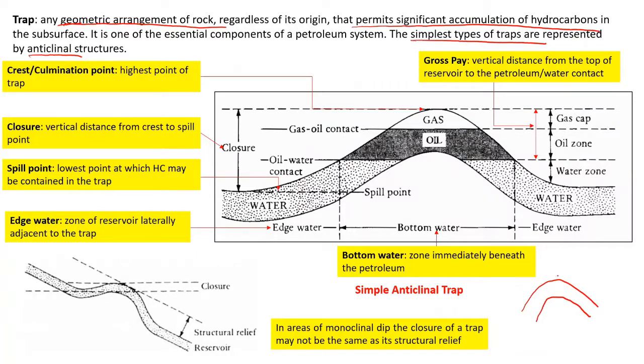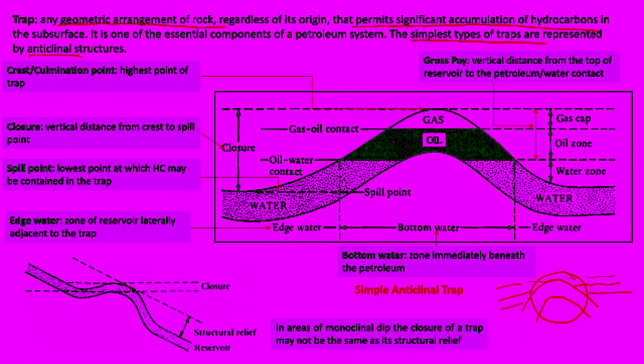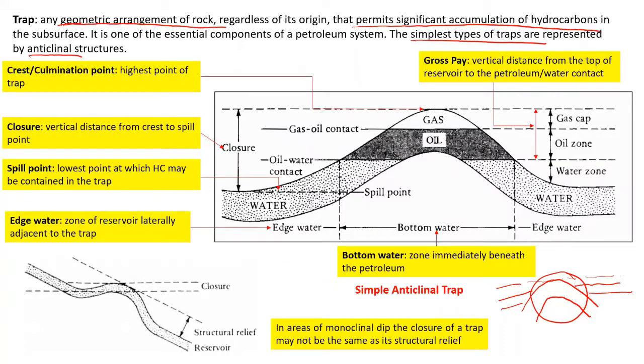So if they find this in the subsurface, then they concentrate on this structure and try to do further studies. So why this is the most sought after structure, we will just see. You must have read in the structural geology class how these antiformal structures are formed.